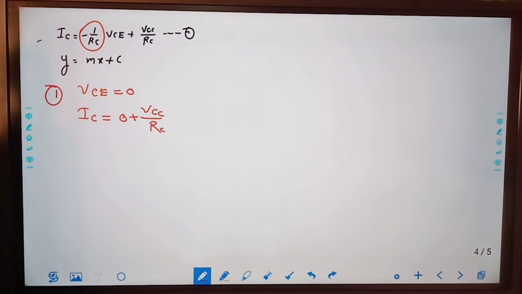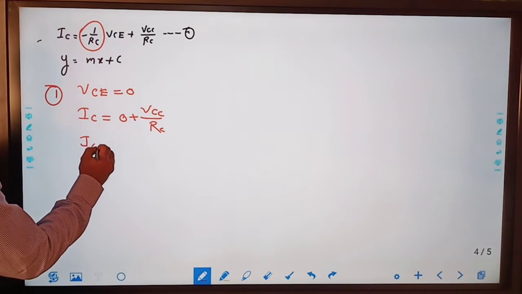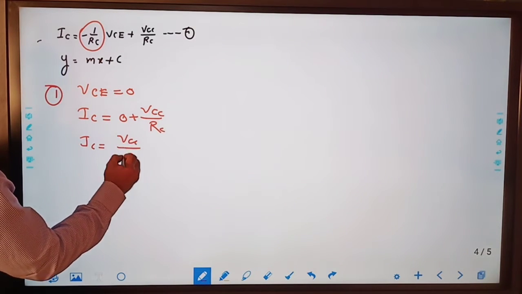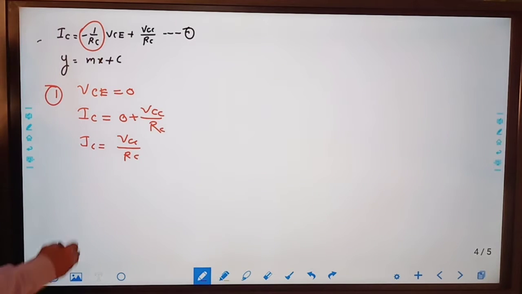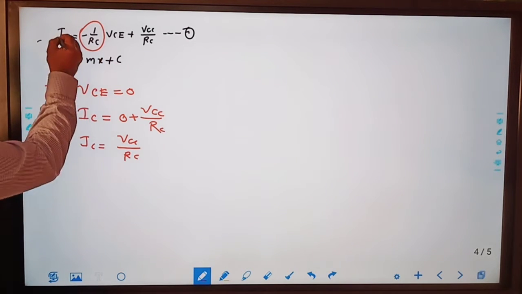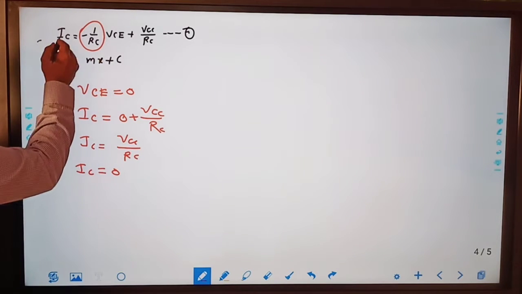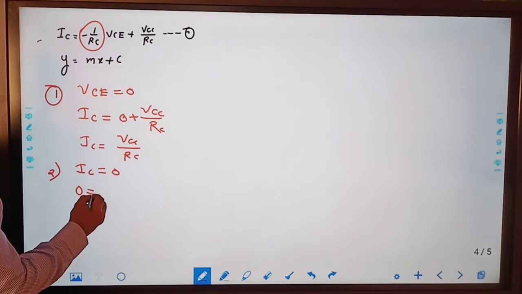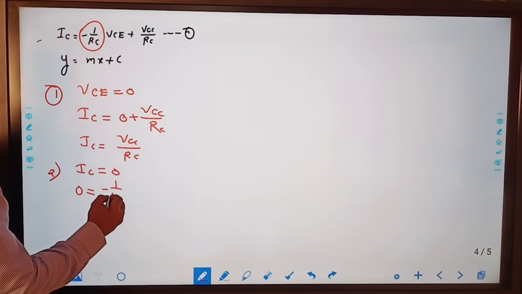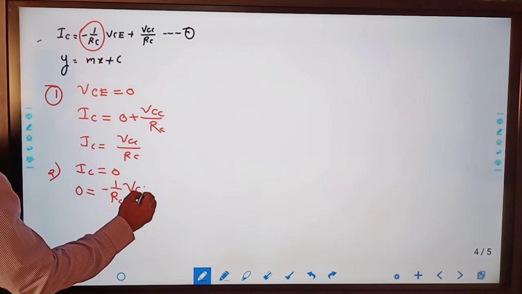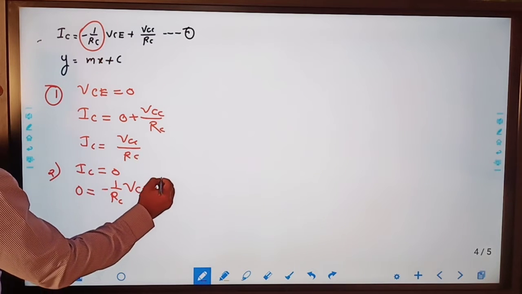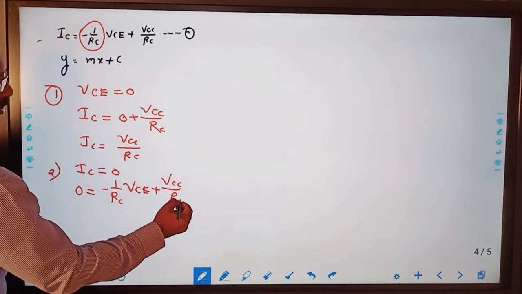So first we got IC equal to VCC by RC. And second, if we make IC 0, then 0 equals minus 1 by RC VCE plus VCC by RC. Correct?